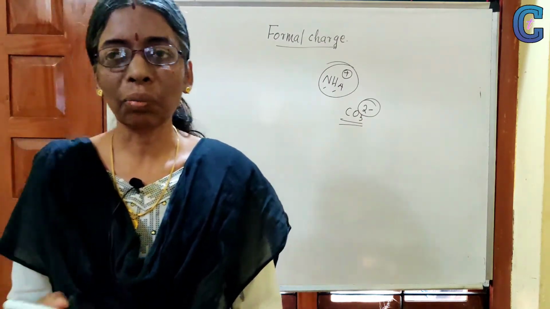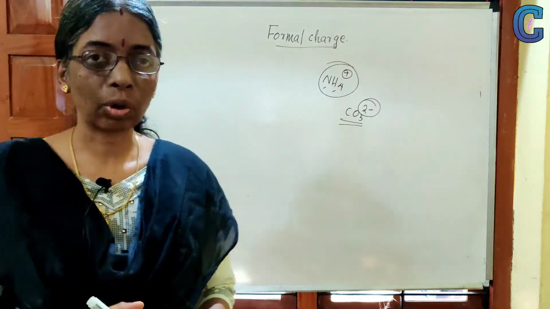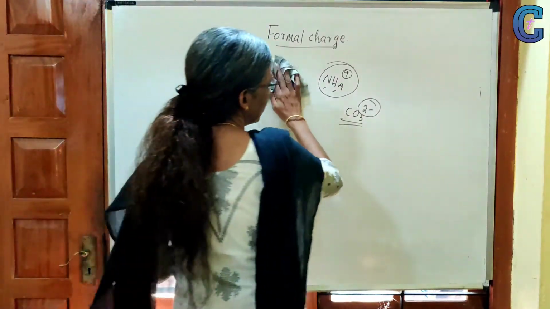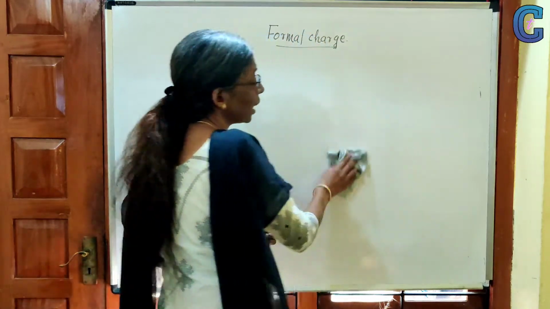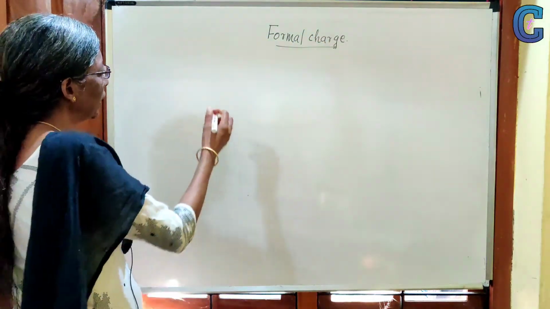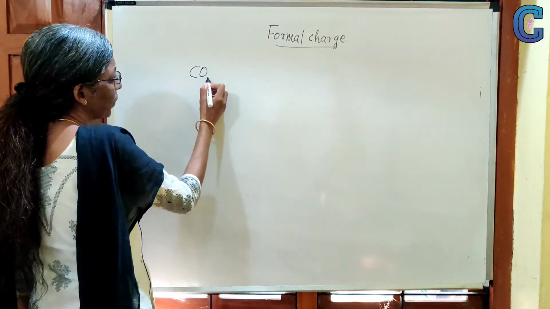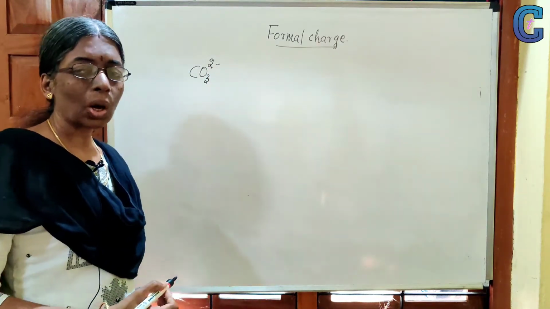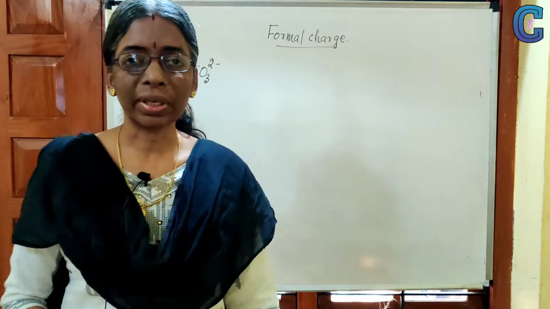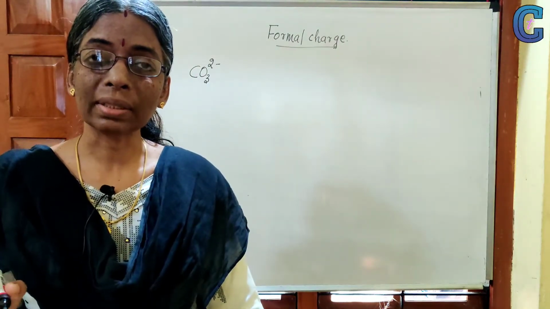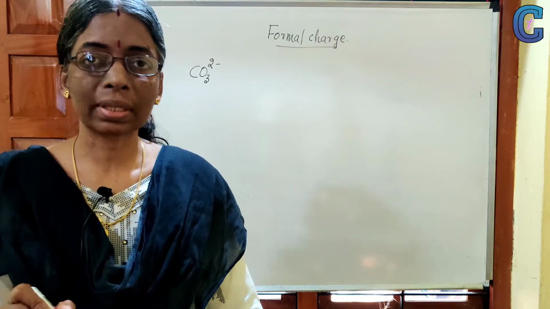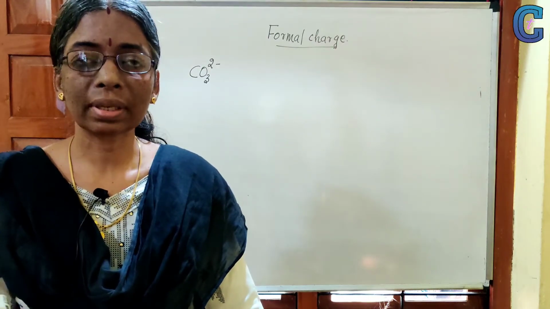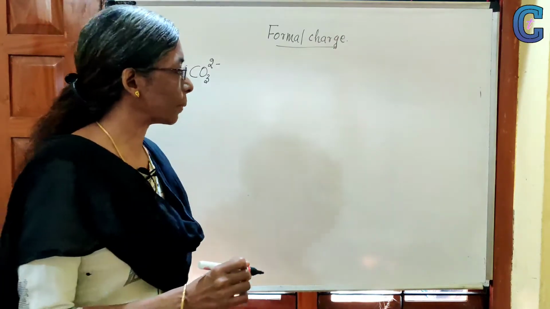So let us see how we can calculate formal charge. For example, let us see carbonate ion, CO3 2 minus. Already in the second video we have seen how to assign the electron dot structure or Lewis dot structure for carbonate ions.